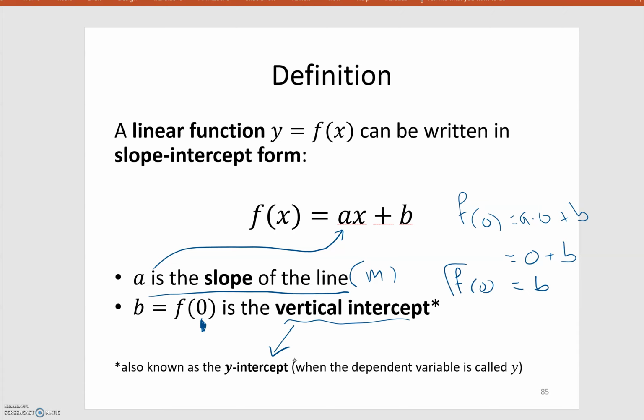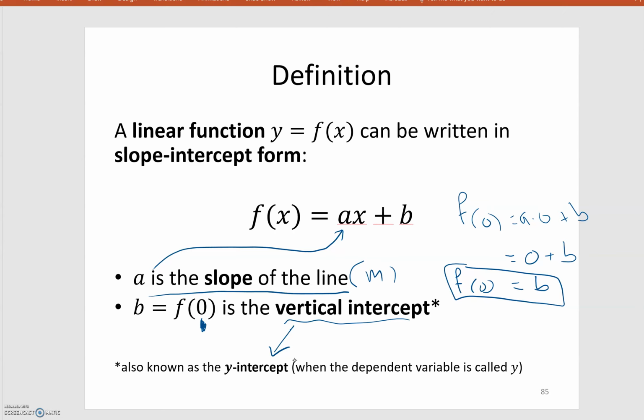Hence, f(0) = b. That's why we call this the slope-intercept form of the line, because the two things that comprise it are the slope and the y-intercept.